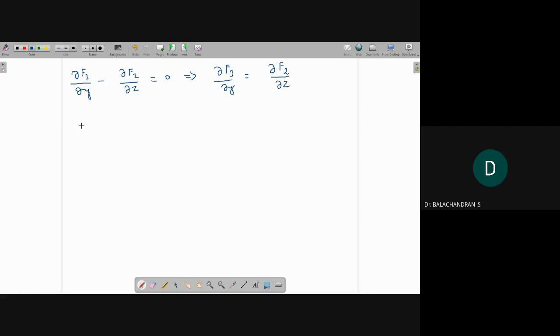Similarly, tell the next one. Dou f1 by dou z minus dou f3 by dou x equal to 0. This implies dou f1 by dou z is equal to dou f3 by dou x.